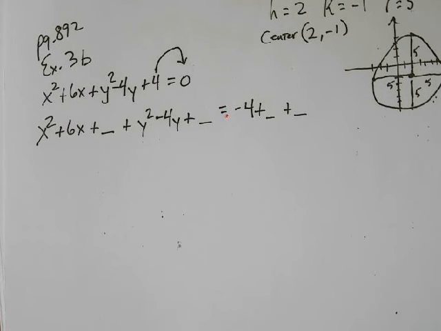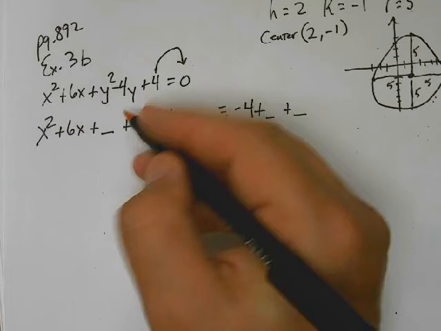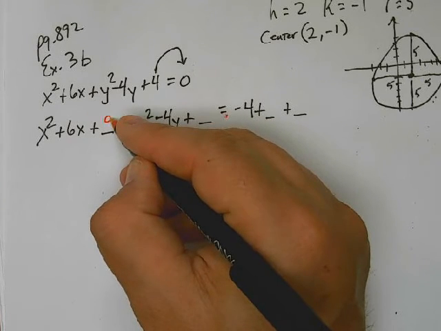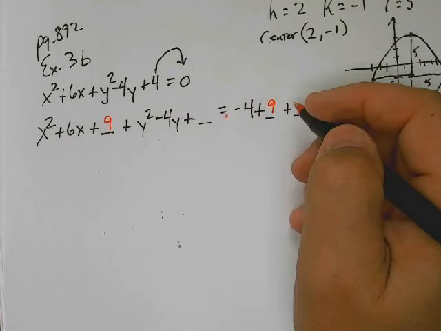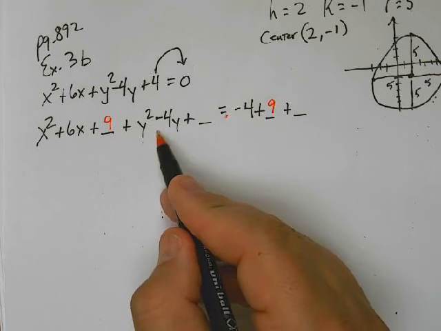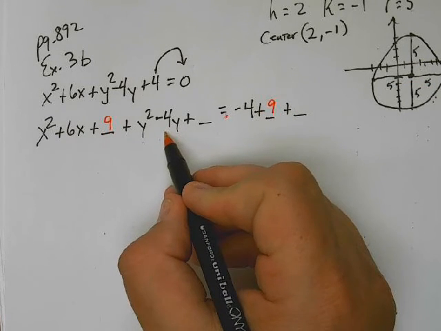Okay, so what is half of 6? 3. What's 3 squared? 9. What's half of -4? -2. What's -2 squared?